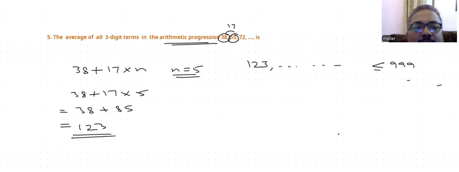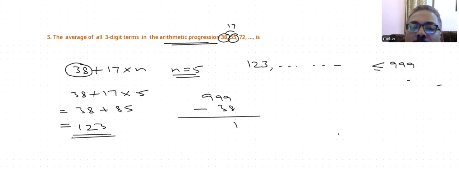So let's do something. We take out 38 from it, because we have to add 38 at the end. So 999 minus 38 is coming as 961. We divide it by 17.